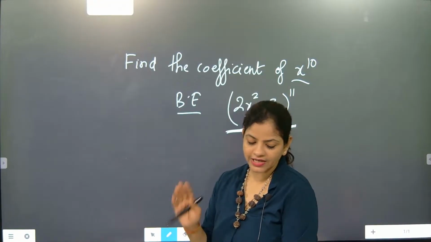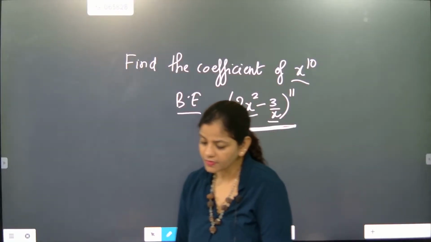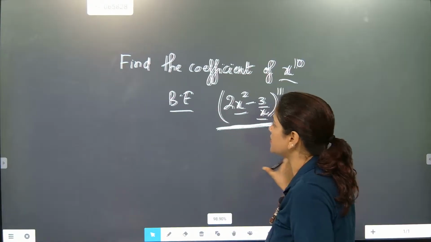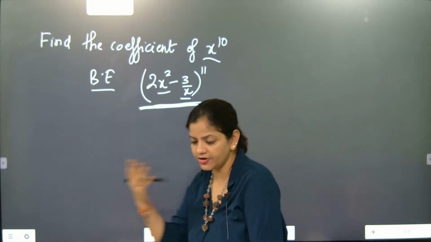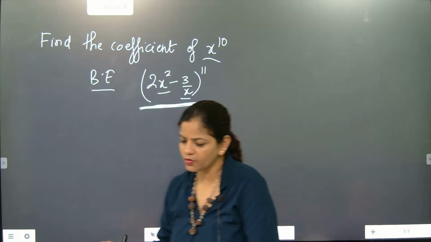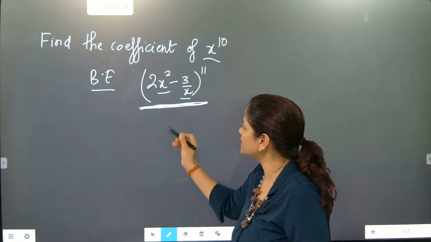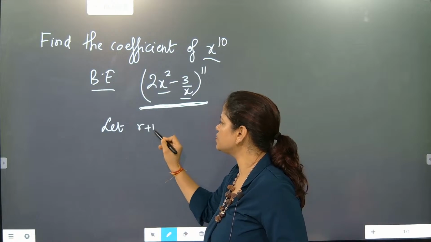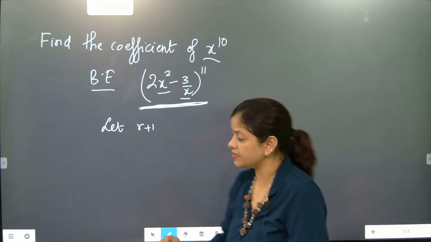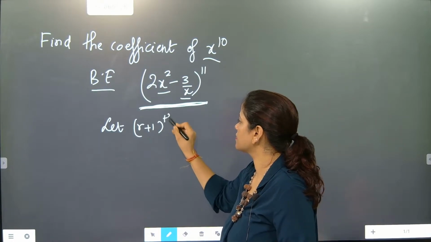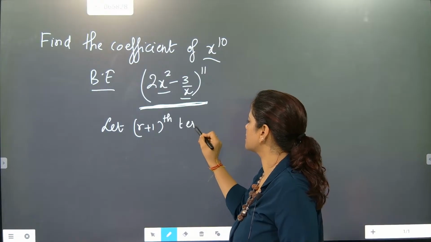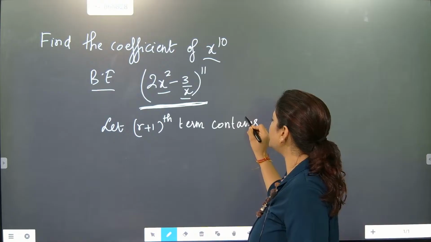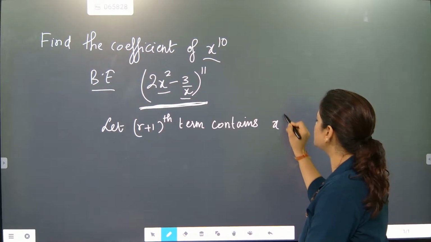Okay, so let's take one simple thing. First time I am teaching this one, so let's understand it. First time means we are introducing this part, so I am going to move a little slow. Suppose the r plus 1th term contains x to the power 10.